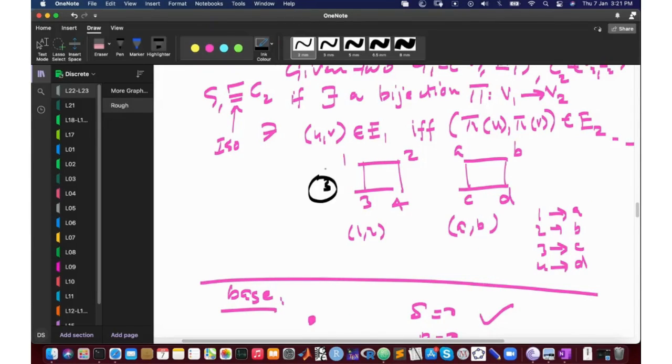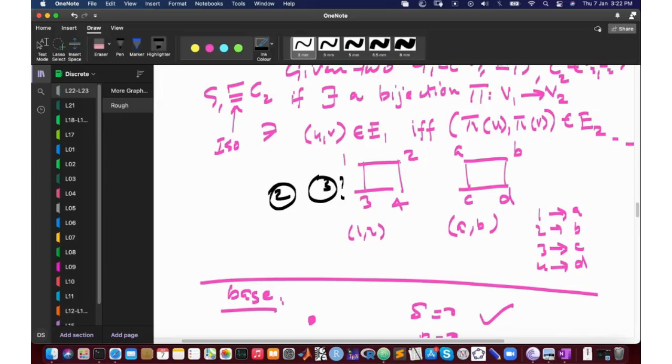Is it? Yes, sir. Are you sure? Yes, 1 to 2 to 4. Sir, isn't it 2? It's 2 in here. It's not 3. Whenever we talk about distance, it's the length of the shortest path. So the distance from 1 to 3 is just 1.